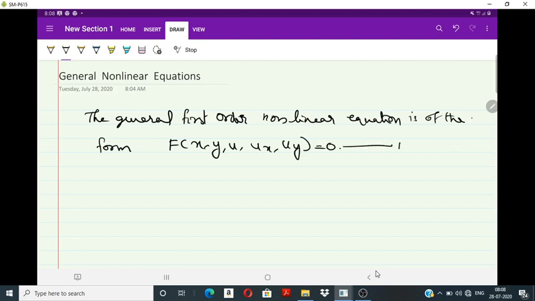So this is the general form of a nonlinear first order partial differential equation.